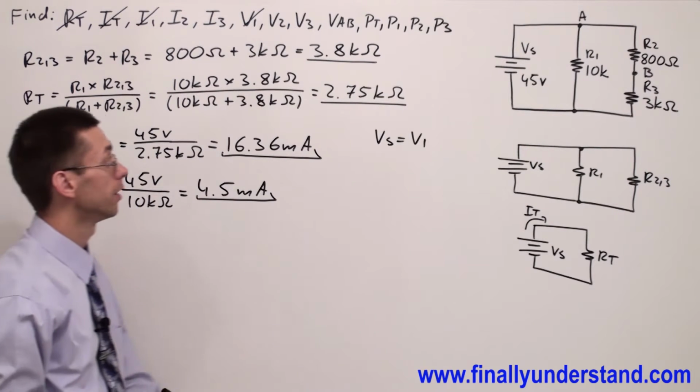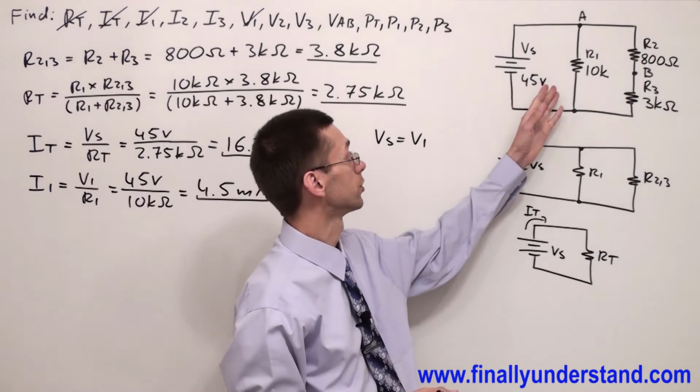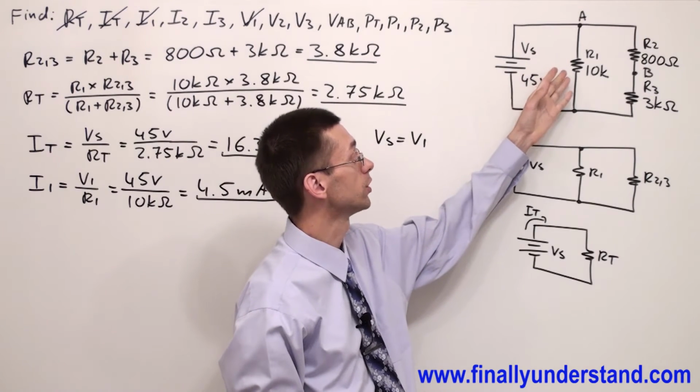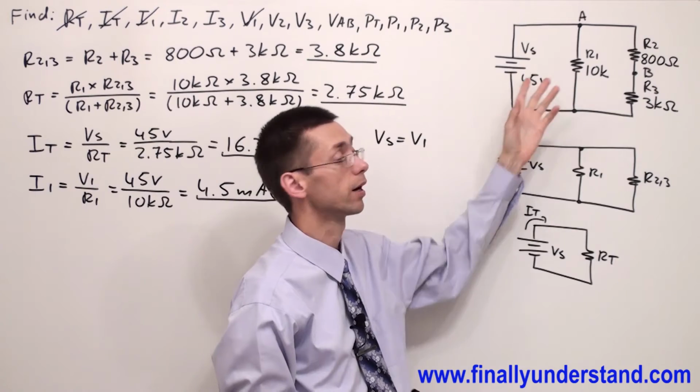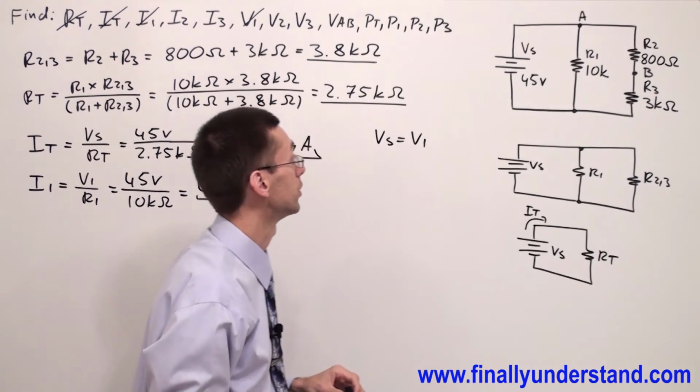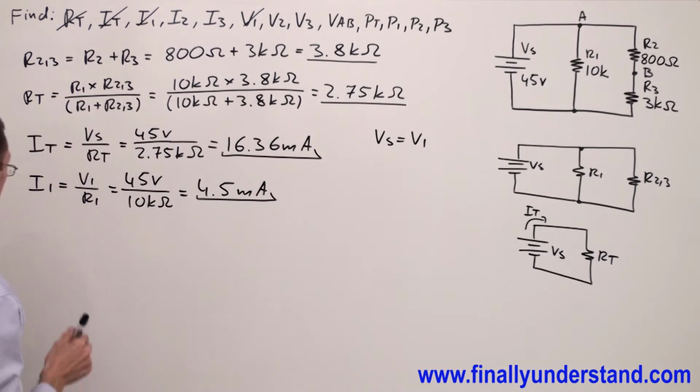Because I have voltage, current, and resistance, right? If it comes to resistor R1, I can very easily find power 1.